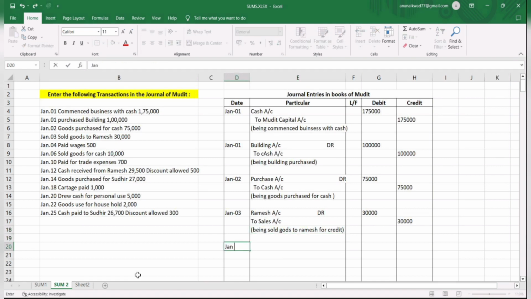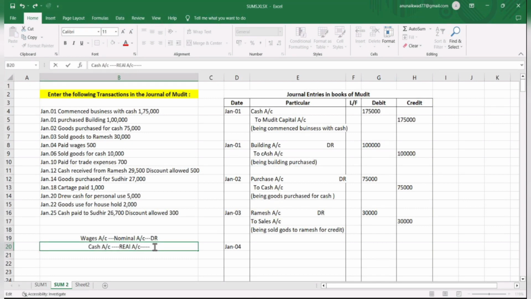Next, Jan 4, paid wages. So we know wages account comes into consideration. We are paying it in cash. Cash account is a real account, and wages is an expense. Expense comes under our nominal account, and in nominal account expenses are debited.